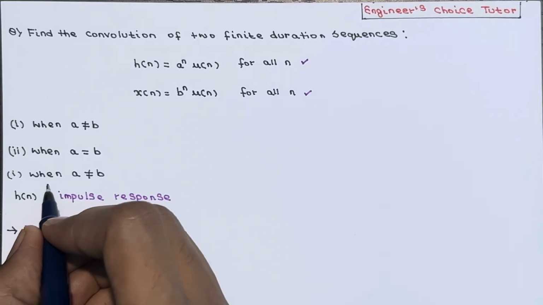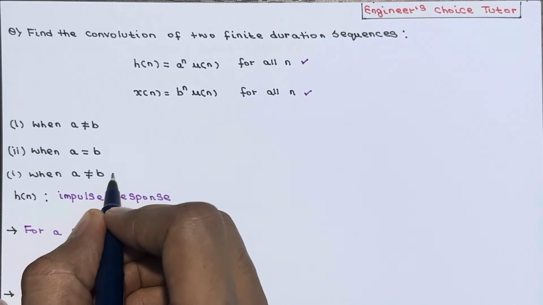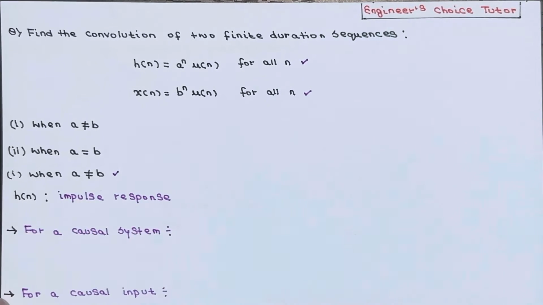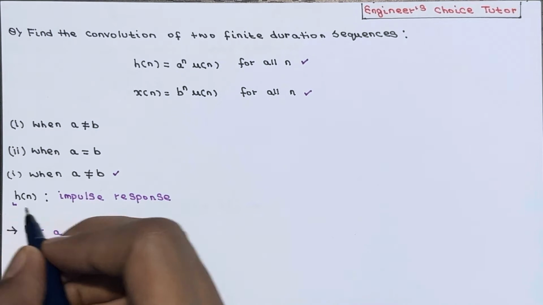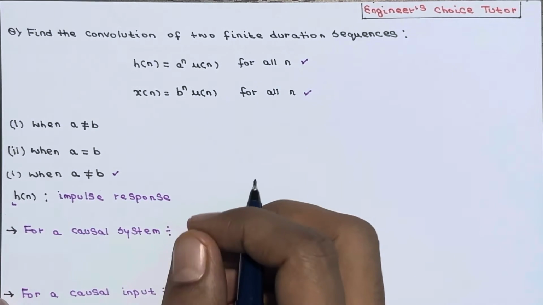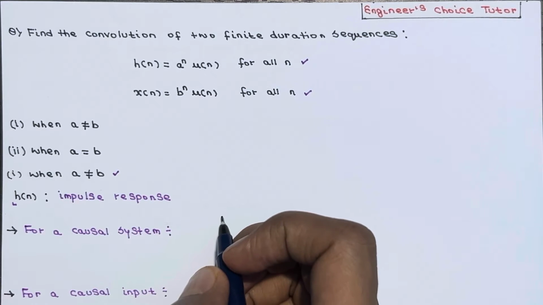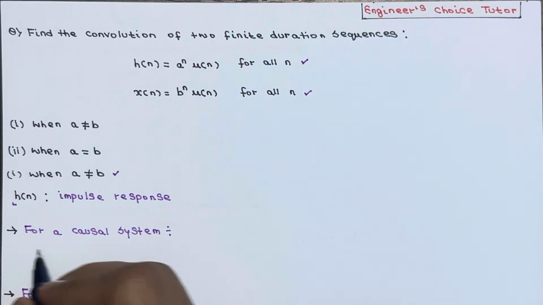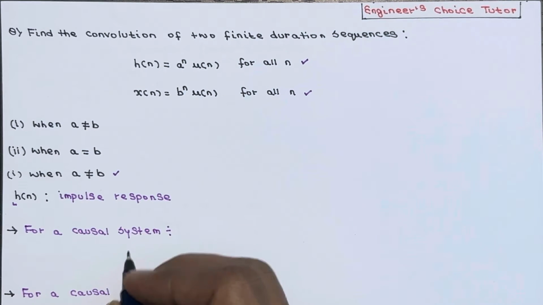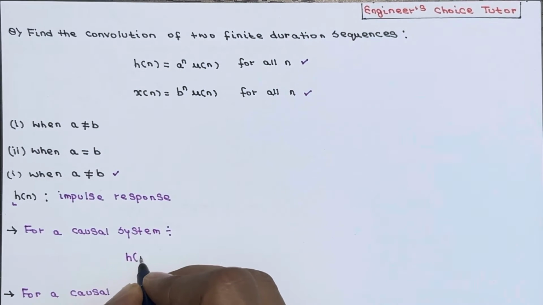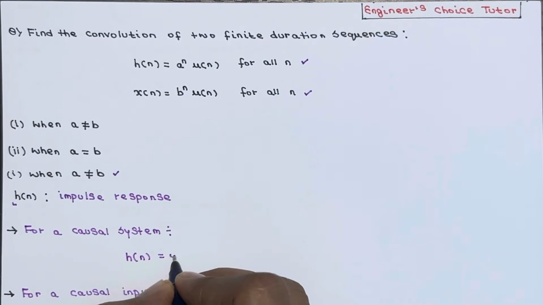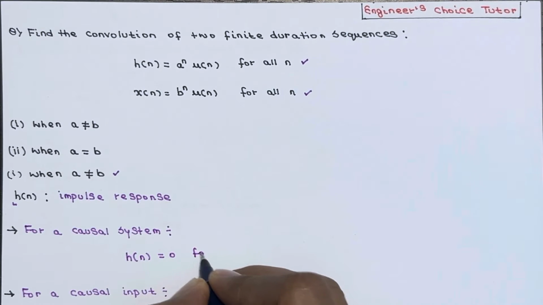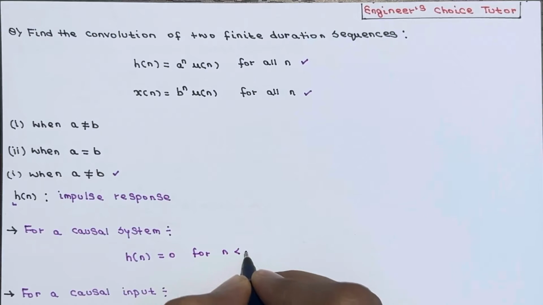So we are going to cover the case when a is not equal to b. Clear? Before that, what is this h of n? H of n is the impulse response, right? And you should be aware of the condition for a causal system and a causal input. For a causal system, h of n should be equal to 0 for n smaller than 0.